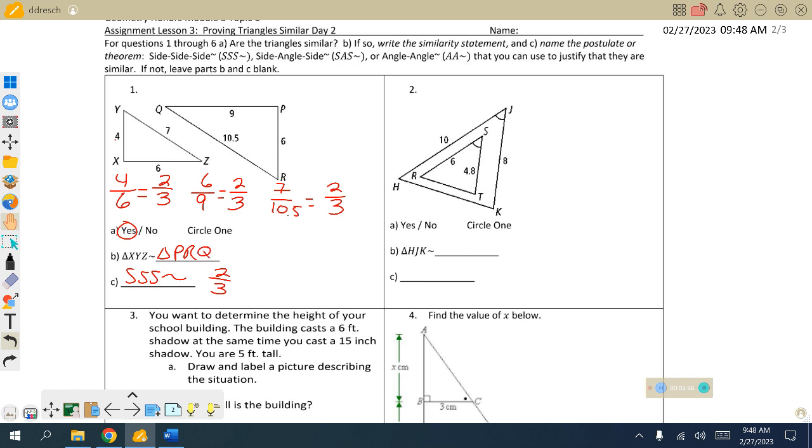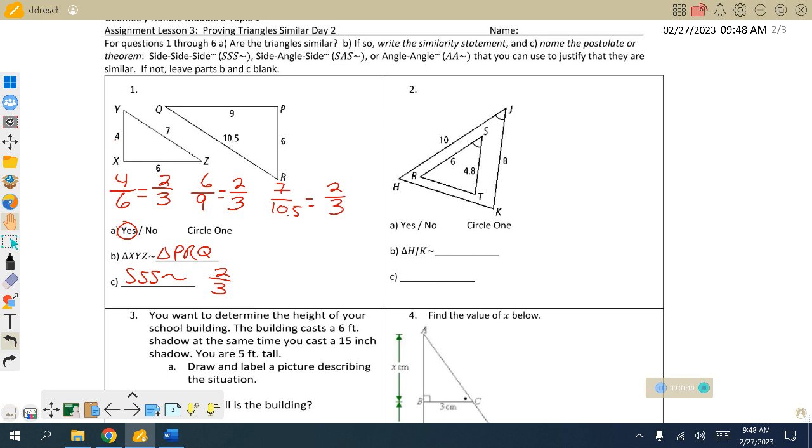Okay. Now on the quiz, this is going to be like a 4-pointer, I believe. 1 point for yes, 1 point for the Y, SSS similarity, 1 point for the statement, and 1 point for the ratio. That's big points to lose. 4 points pretty much dooms you to at least getting nothing better than a 90% on the quiz.